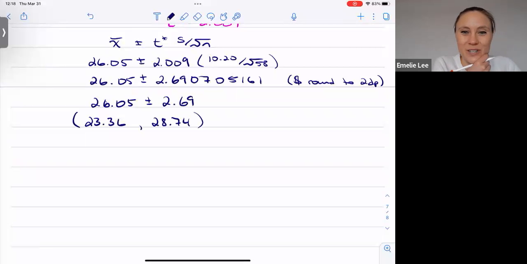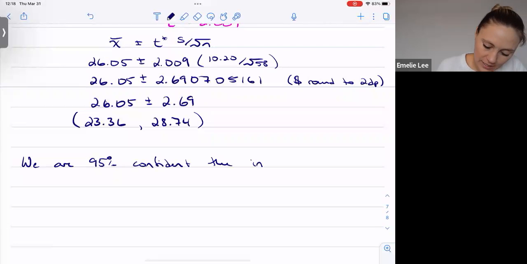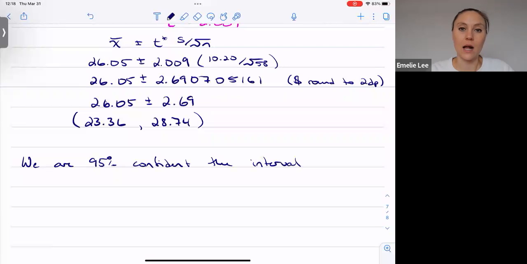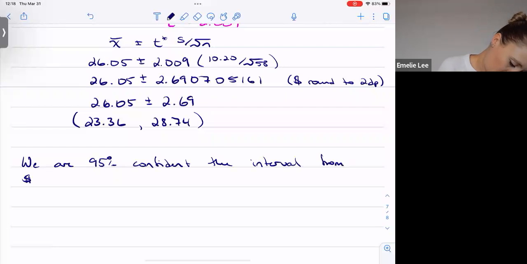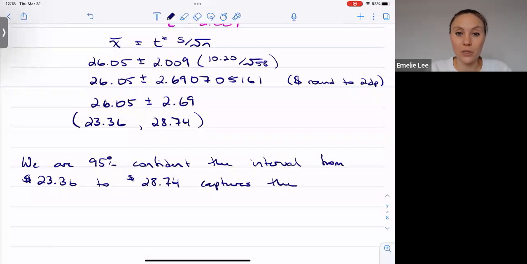We have to interpret this interval, and I know I'm just zooming through here, but we are 95% confident the interval, and here is where I'm going to insert the dollar signs, from $23.36 to $28.74 captures the population mean.